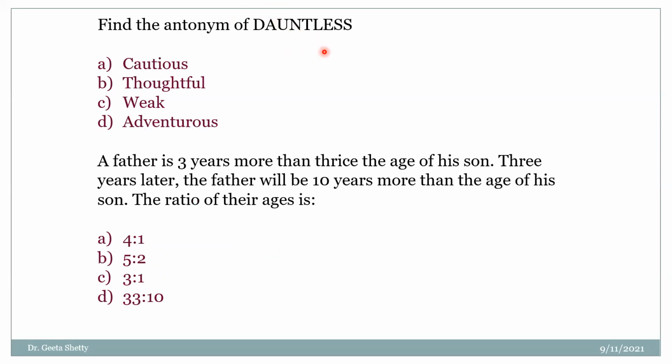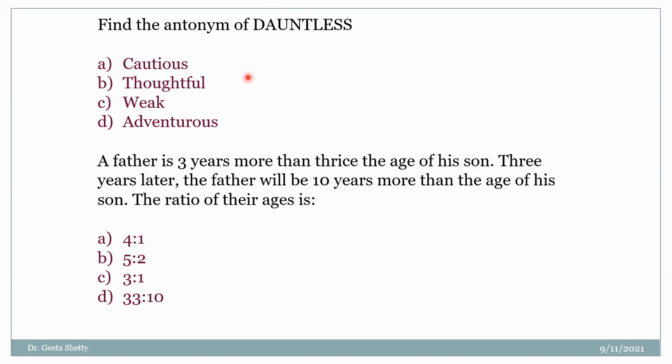Let's see the next one. Find the antonym of dauntless. Now see, here comes the word antonym. What is the meaning of dauntless? Fearless. To be daunted by something means you are getting scared of something. So dauntless means fearless. What would be the opposite of that?